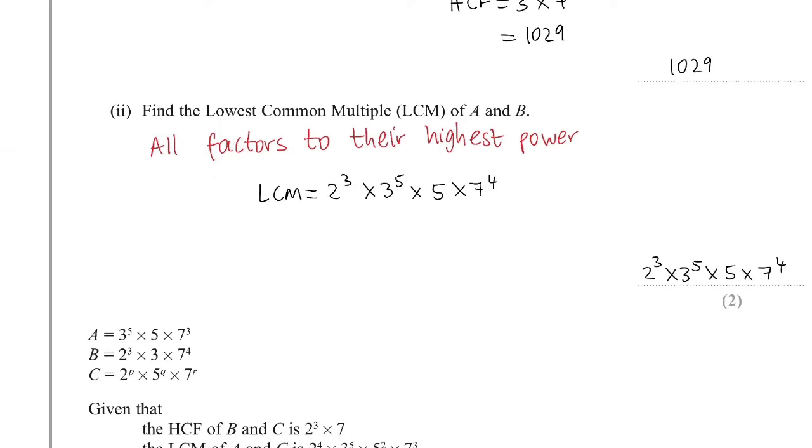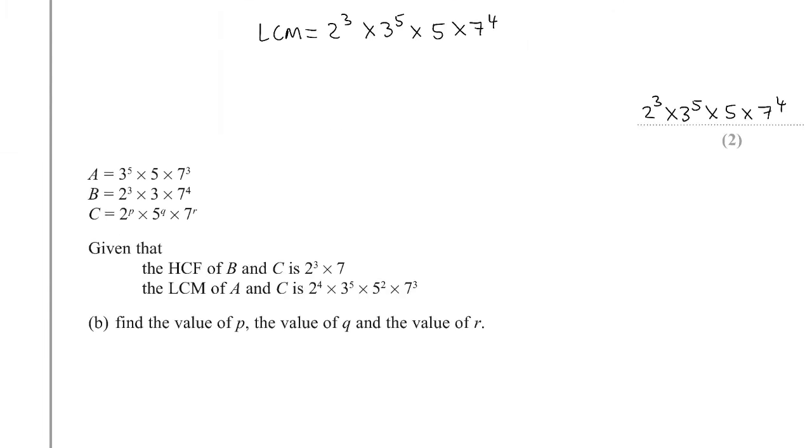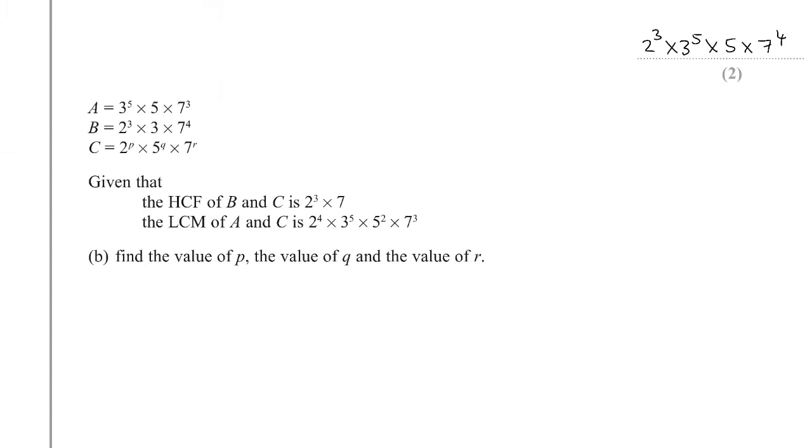Now we've got an extra number showing up, it's C. The highest common factor of B and C is 2 to the power of 3 times 7, and the LCM of A and C is given here.